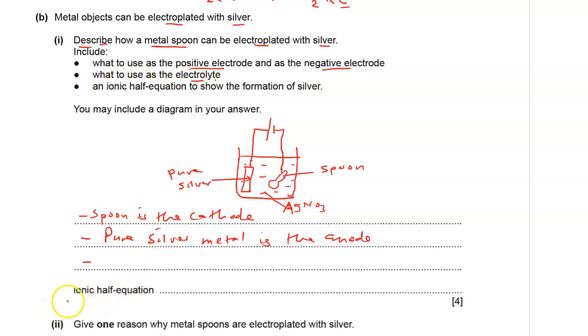The electrolyte is silver nitrate solution. Half equation of formation of silver. Of course, silver ion will gain an electron and be discharged as silver atom. Of course, this is solid and this is aqueous.